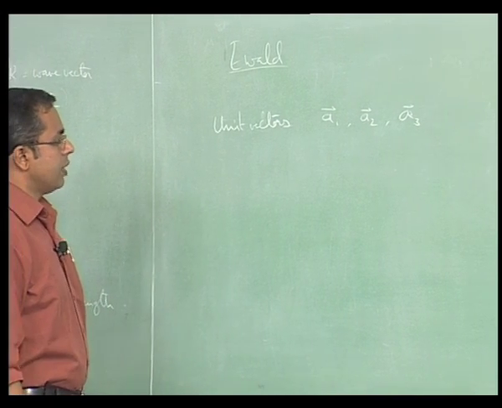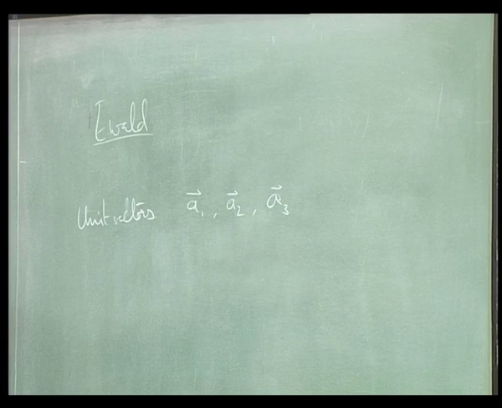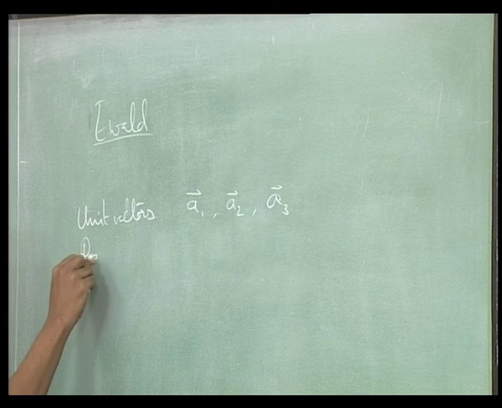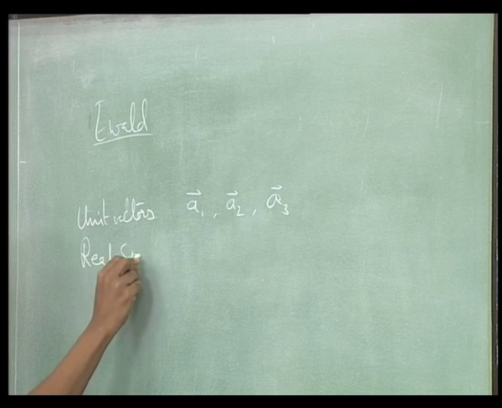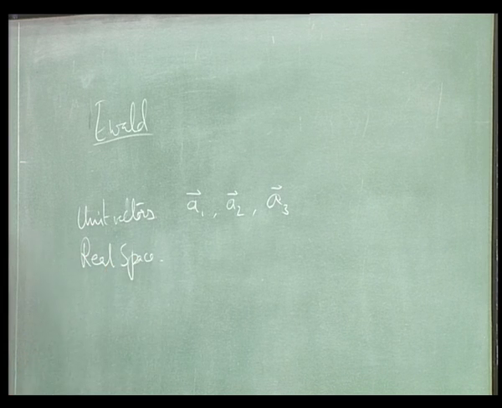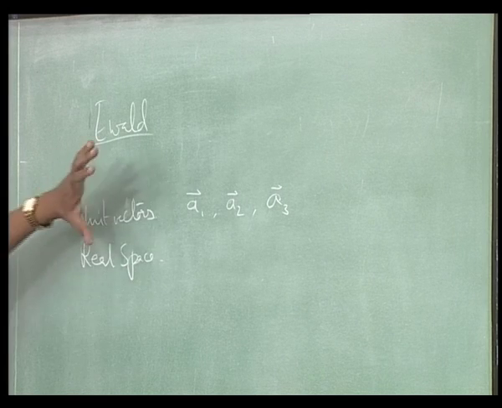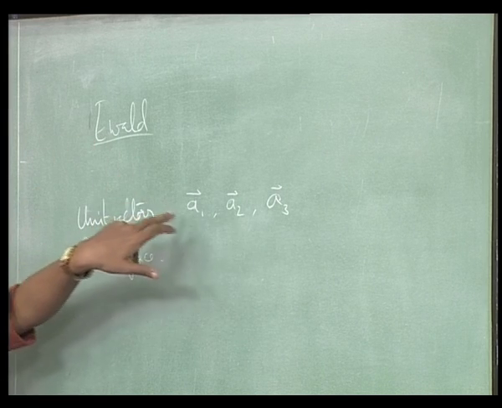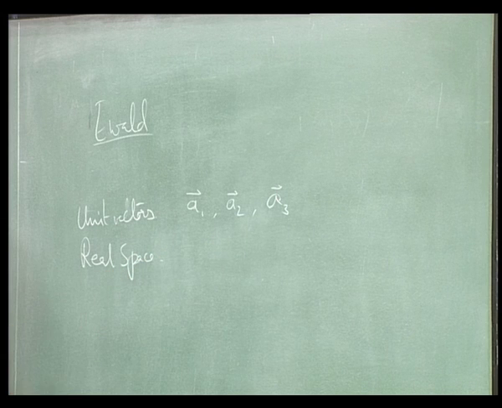Okay. So A1, A2 and A3 are unit vectors in real space. So we have a crystal structure in real space represented by these unit vectors A1, A2 and A3. Okay. Now we will define a reciprocal space.